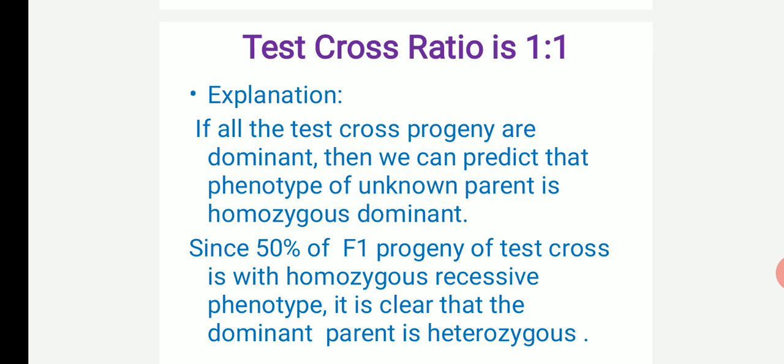Since in the F1 of the test cross we get half of the progeny with the recessive character, half with the homozygous recessive genotype, even if the progeny of any cross has the recessive genotype, then we can assure that the dominant parent is not homozygous dominant, it is a heterozygous dominant.